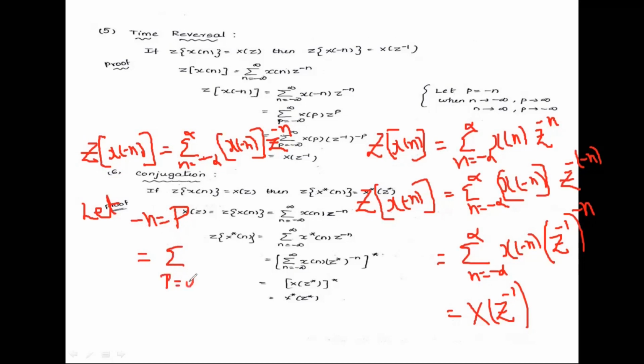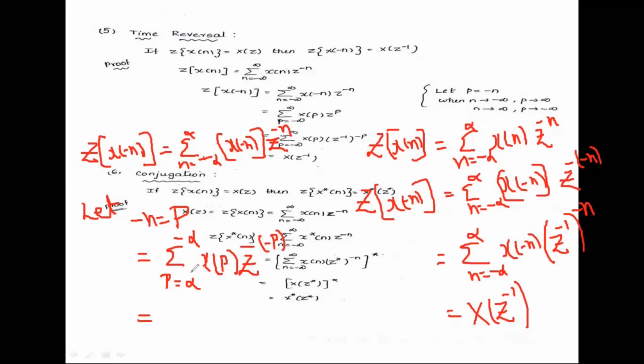Minus infinity becomes plus infinity, and plus infinity becomes minus infinity. And x of minus n now becomes x of p, and z power minus n value is z power minus p. Okay, minus n is nothing but p.